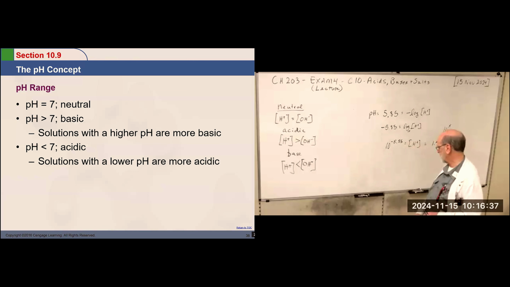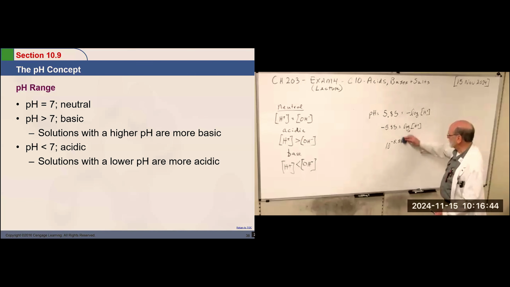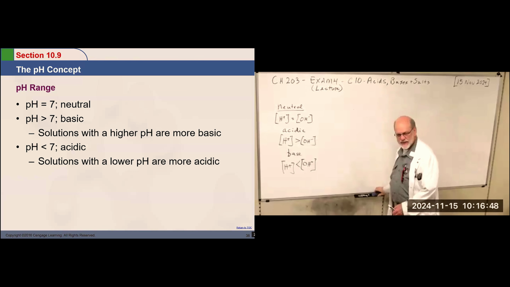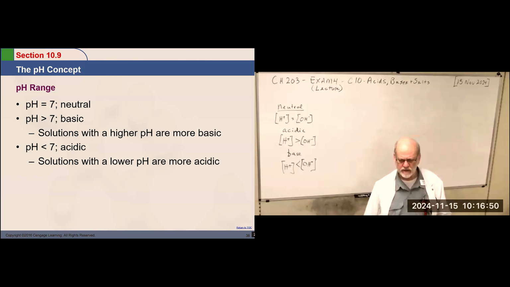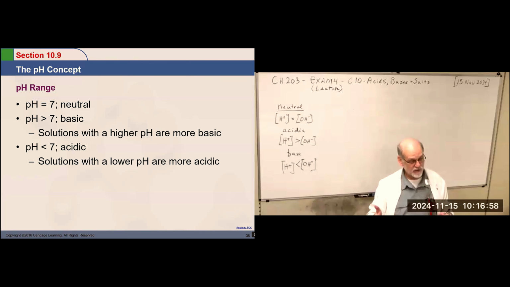All right, so if we're working with only pHs, and say you have a pH meter, everybody know what a pH meter is? It's an electronic device with a probe that you stick in your solution, and if it's properly calibrated, the meter will read the pH of that solution.